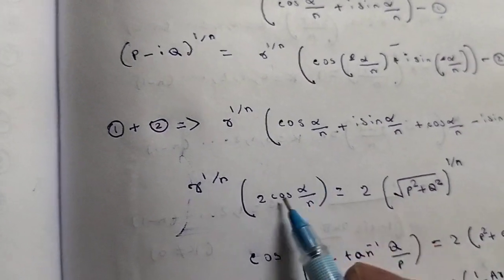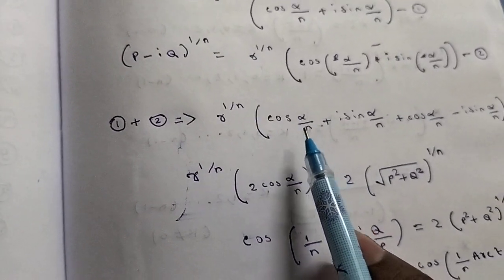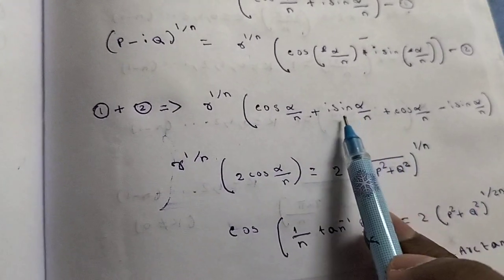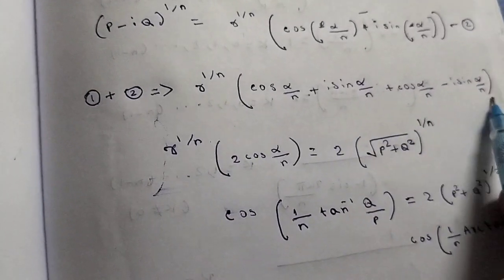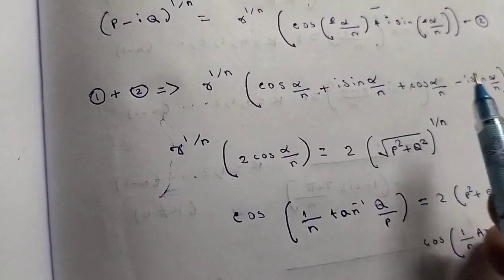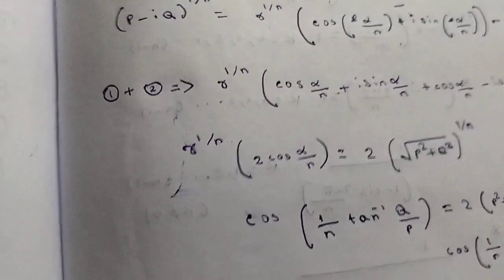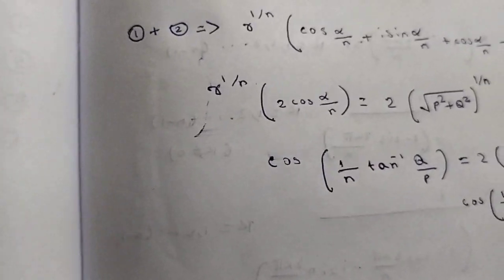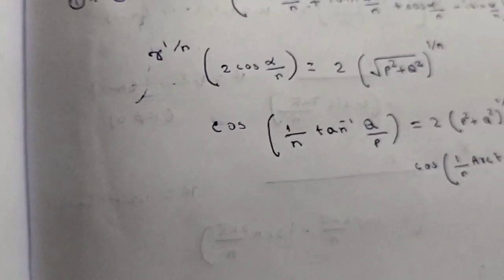In the next step, adding both, we'll get like this. Here i sin(alpha/n) and minus i sin(alpha/n) cancel; these both will be cancelled and the cosine terms will add up. So then what will happen here? We will get r to the power of 1/n into 2 cos(alpha/n).